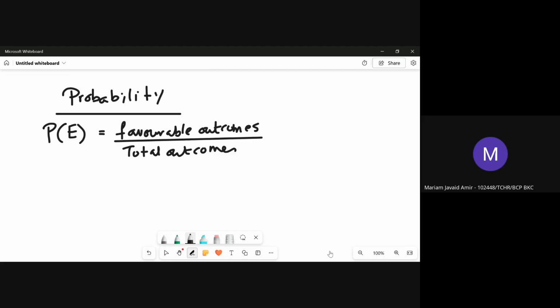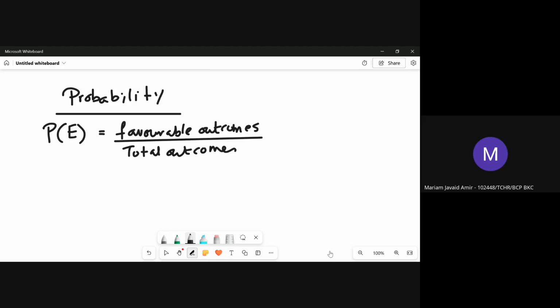Okay, so we're starting the topic of probability today. This is the formula you're familiar with. You've done this in your IGCSEs. Probability of an event E is equal to favorable outcomes divided by total number of outcomes.